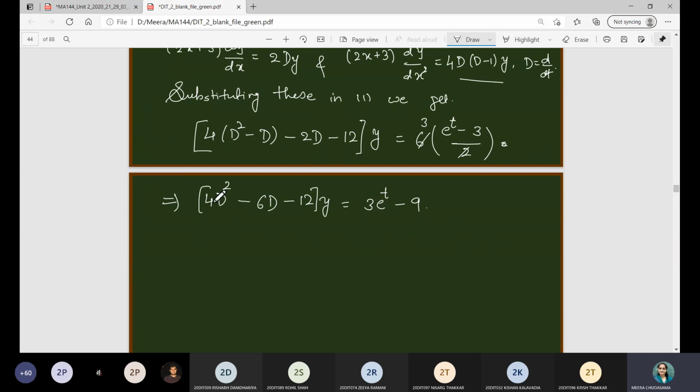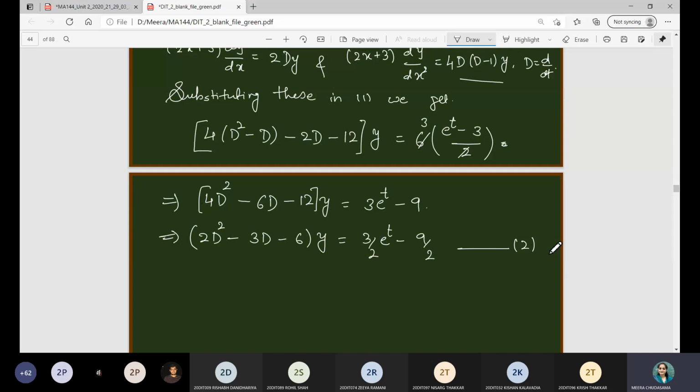You have an option, either you keep this term as it is and find out the factor, or you can take common 2 and take it to the other side of the equation, right? So in that case you can write 2d square minus 3d minus 6 y is equal to 3 by 2 e raised to t minus 9 by 2.